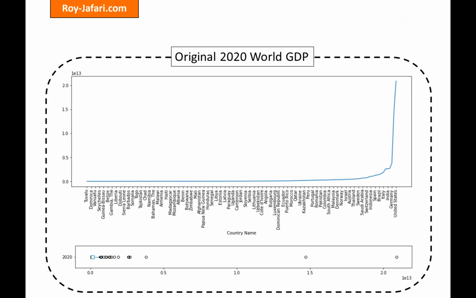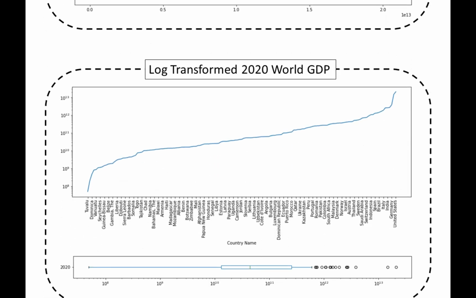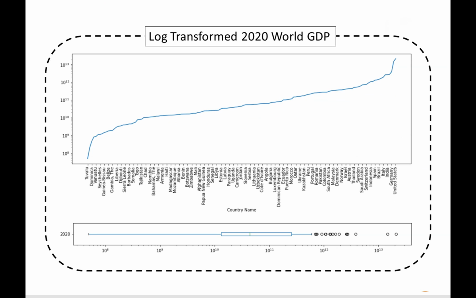If we were to replace the original value with the log transformed value, which basically means you calculate the log of each value and input it instead, then you will get this other visualization where we can see a linear relationship. We see that there is a continuous growth, and we also have a much more normal looking box plot.